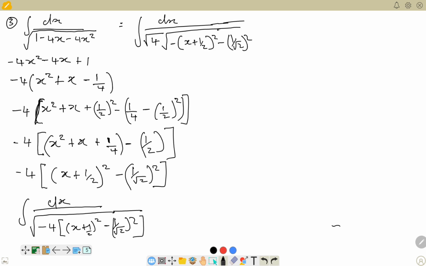So we can see that square root of 4 is 2. So this can work out to the integral. We know that we are allowed to take out constant. So it's 1/√4. It's 2. Then dx. And then here, we must remember that we had a square bracket. That negative affects the whole situation there.